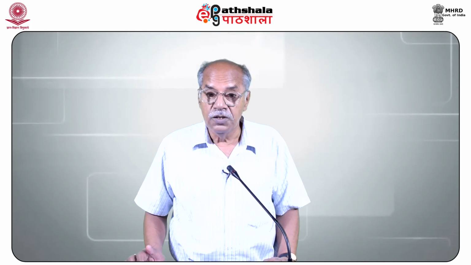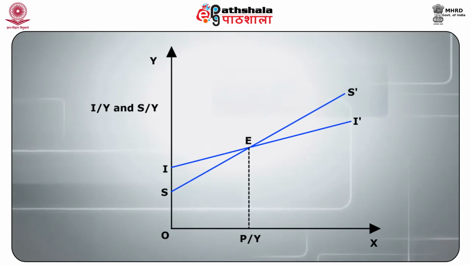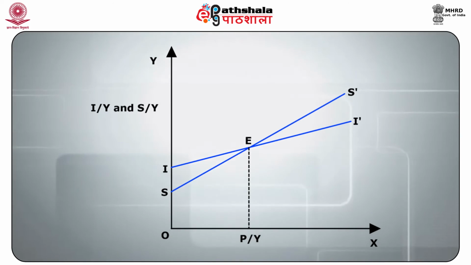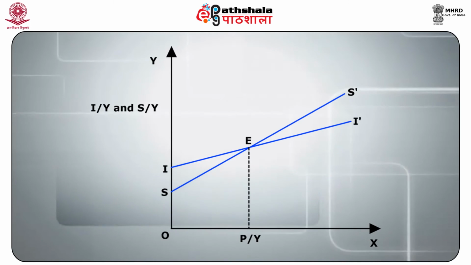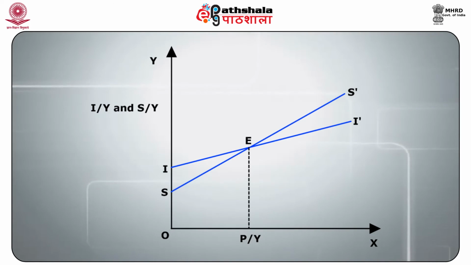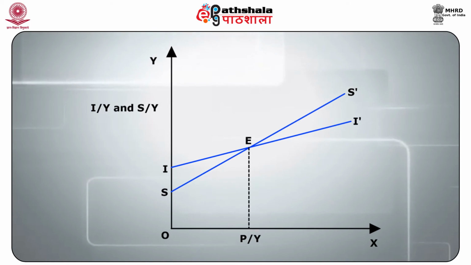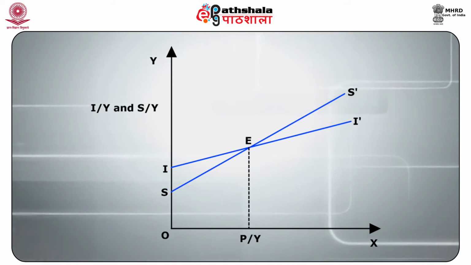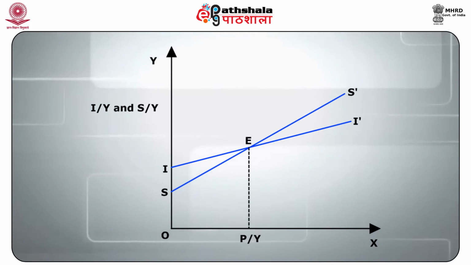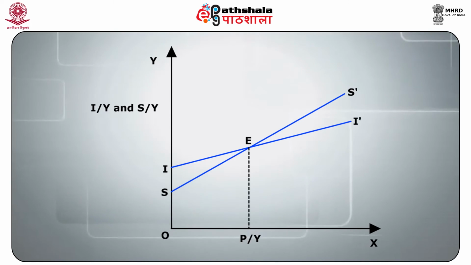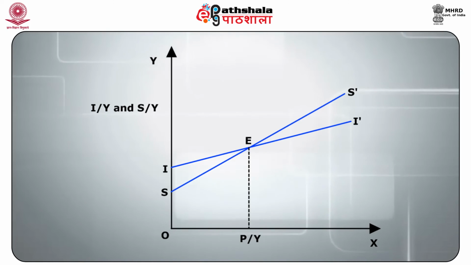This can be explained with the help of a diagram. On the horizontal axis, we have the rate of profit, or P upon Y. On the vertical axis, we have I upon Y, that is, investment as a proportion of income and saving as a proportion of income. The two curves given here are the investment function and the saving function. They intersect at point E. To the left of point E, investment is more than saving.